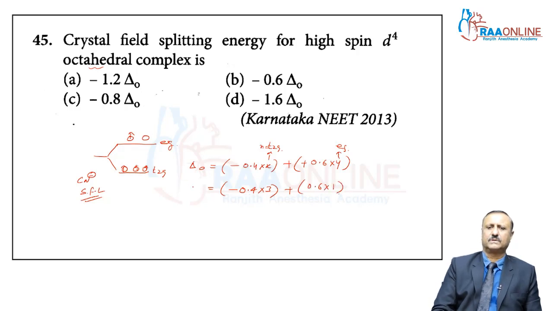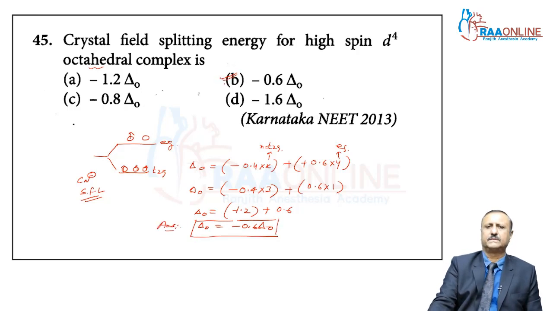Here you can solve this question. You get minus 1.2 plus 0.6. So you get minus 0.6 del O. This is the CFSE for octahedral complexes. So this is the answer, and the answer is B. So question number 45, you get the answer B.